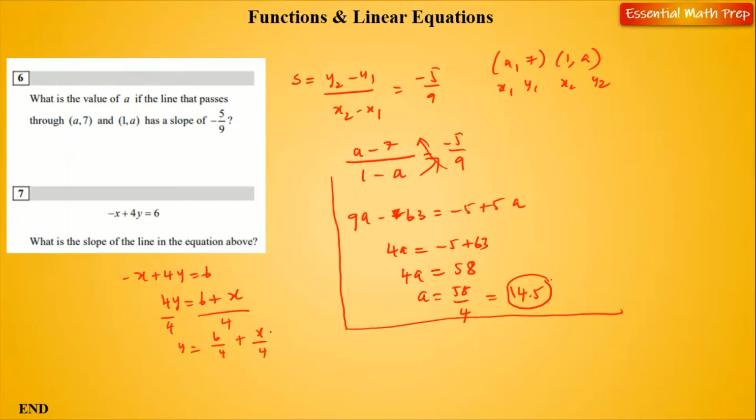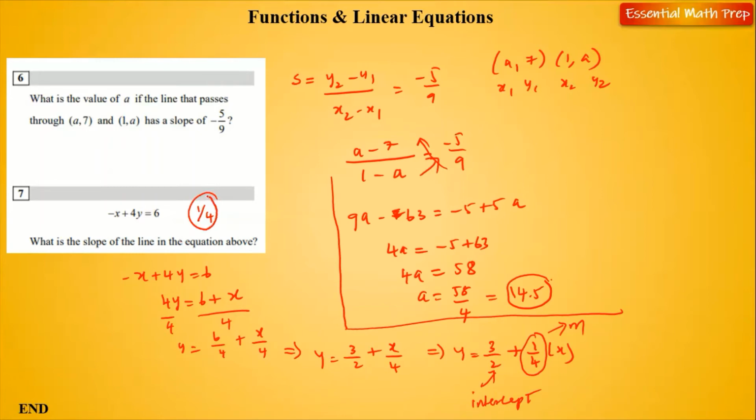This is the same as y equals 3 over 2 plus x over 4, which is y equals 3 over 2 plus 1 over 4 times x. So 1 over 4 corresponds to your slope, and this corresponds to your intercept. So that means the answer is 1 over 4.